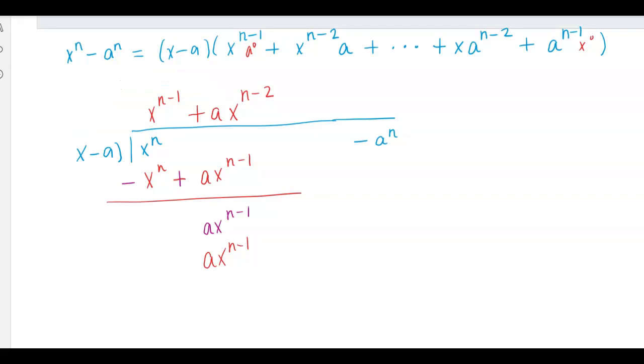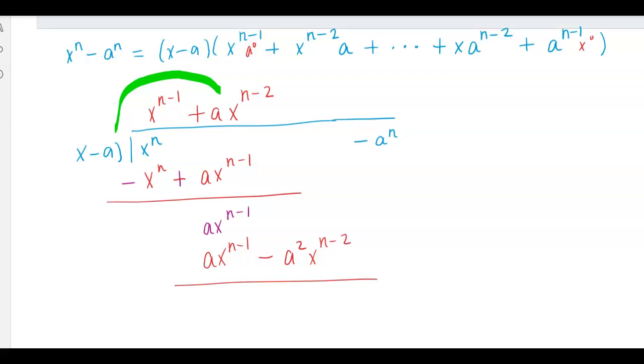Then I'll multiply this by the second one, and I'll have minus a squared x to the n minus 2, and so on.